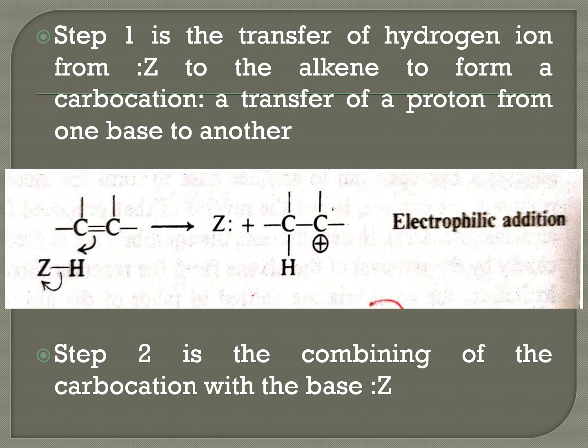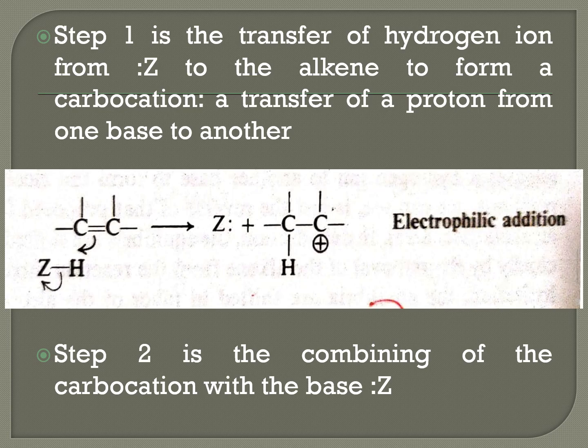One more explanation. Step 1 is the transfer of a hydrogen ion from Z to the alkene to form a carbocation, that is, a transfer of a proton from one base to another. Proton means hydrogen, which is positively charged. The proton is transferred from the reagent to the doubly bonded carbon, and it is attached, and the next carbon is converted into a positively charged carbon.